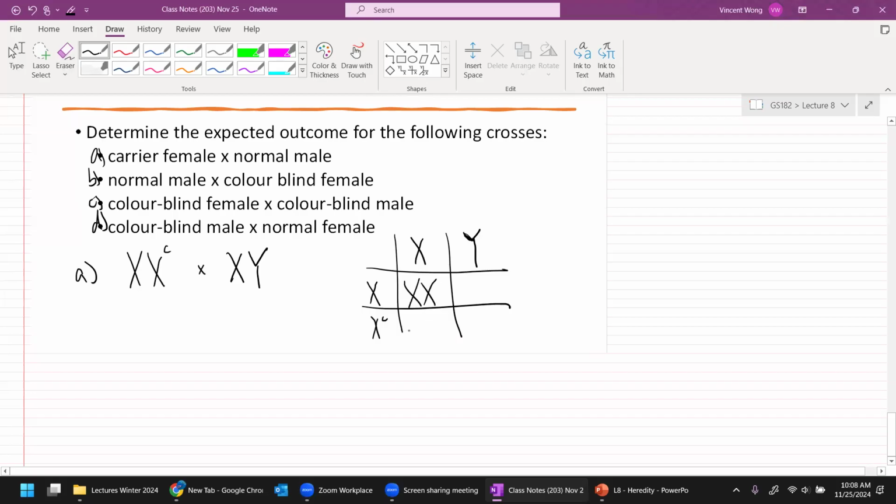So this is XX, XXC, right? So usually we look at the boys and the girls separately, okay? Daughters and sons. And what can you say about the daughters? What's the chance that the daughters will be colorblind? Okay, thank you. I feel a little bit better with the 0% chance colorblind. In other words, 100% normal vision.